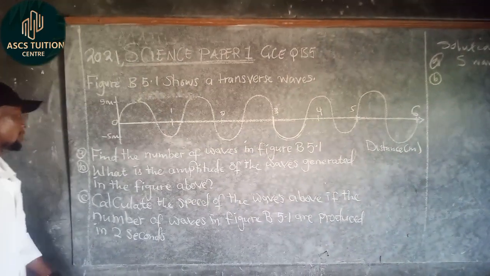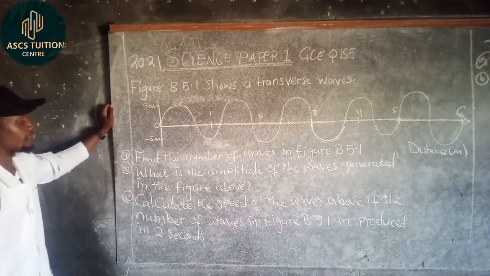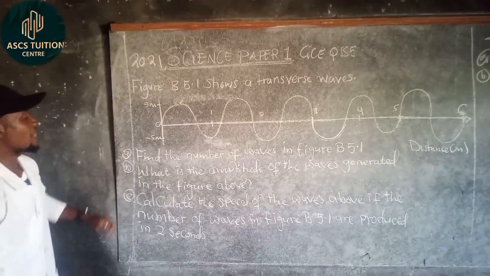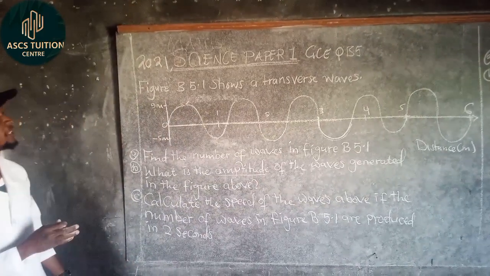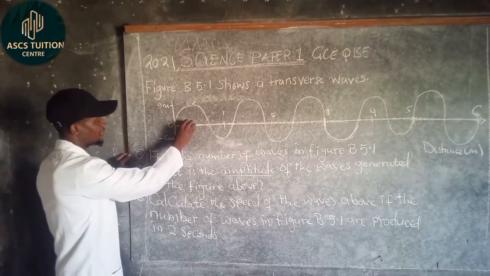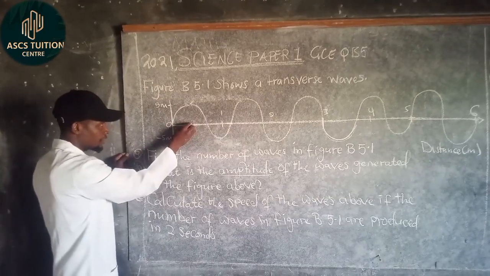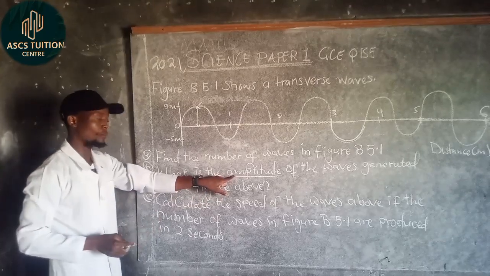Let's proceed. B. What is the amplitude of the wave generated in the figure above? Now, the amplitude is defined as the maximum displacement that a particle moves from the resting position. Therefore, the distance from the line of zero disturbance up to this point is known as the amplitude.